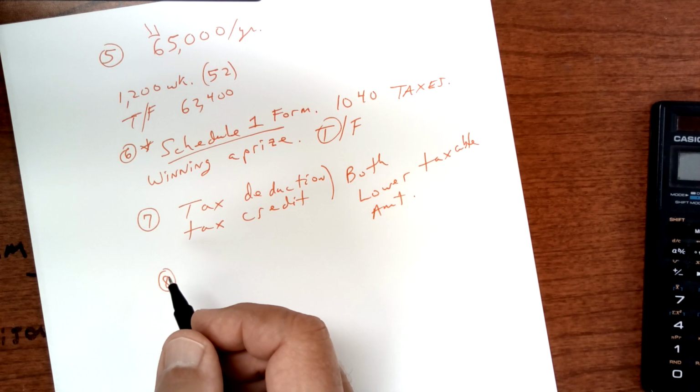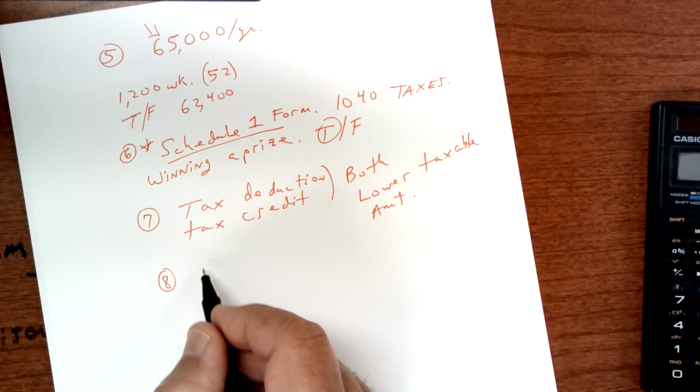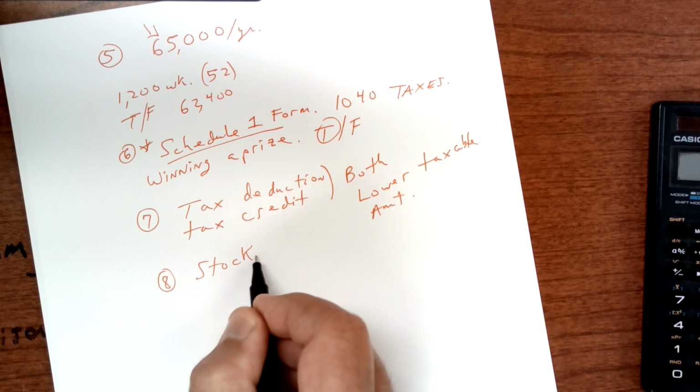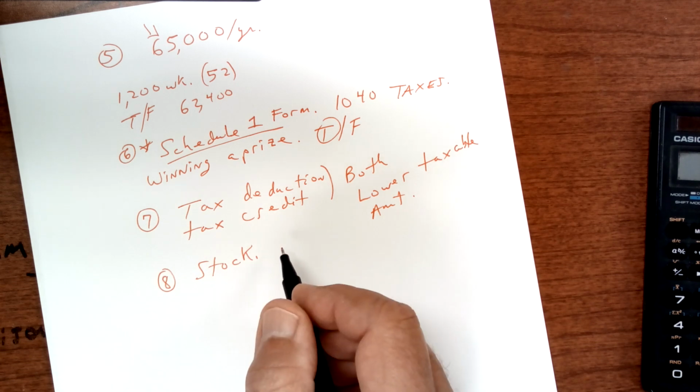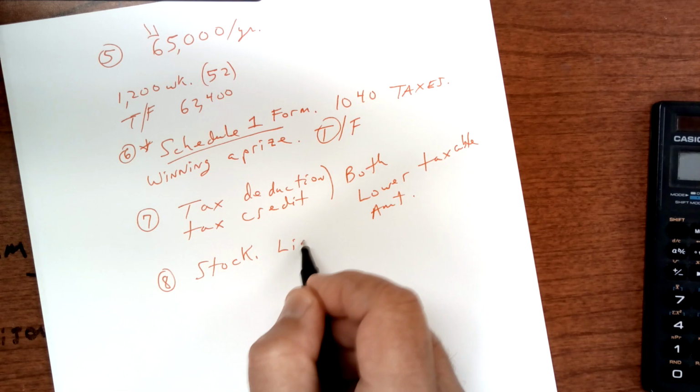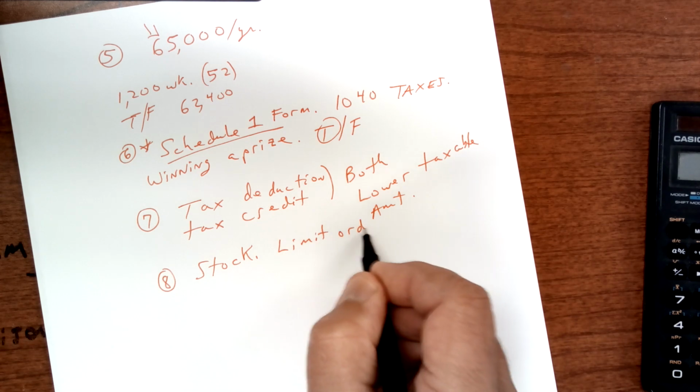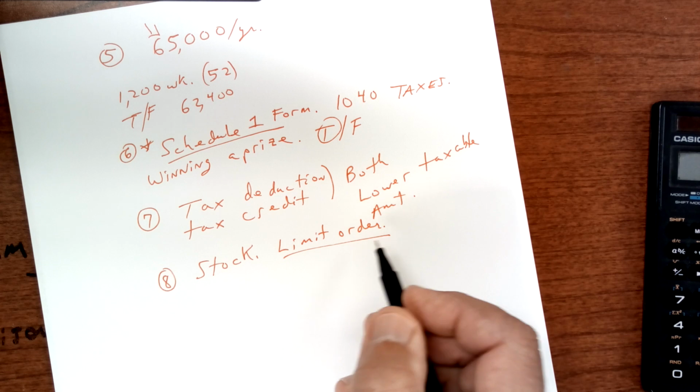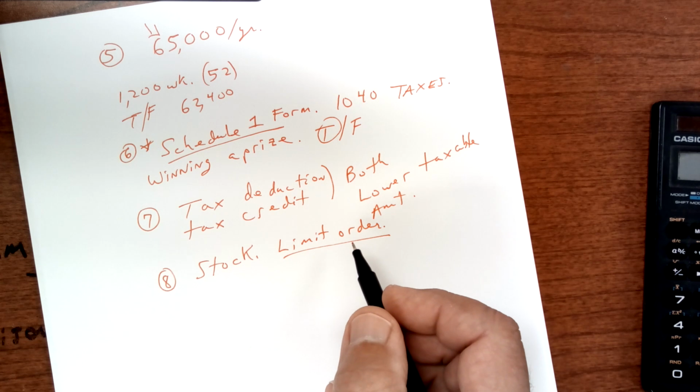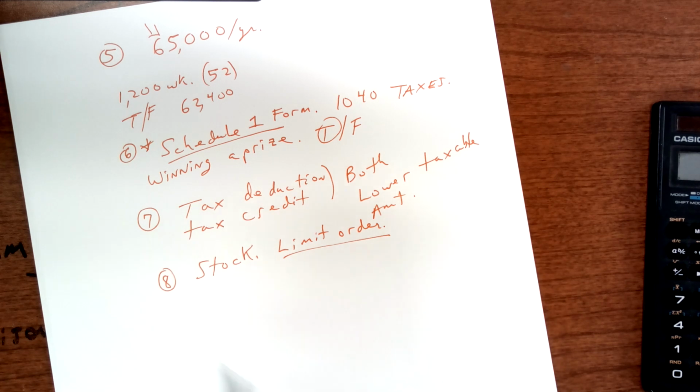All right, so this person is buying some stock and they put a limit order on a purchase. And what that means is there's a certain price that they'll pay.